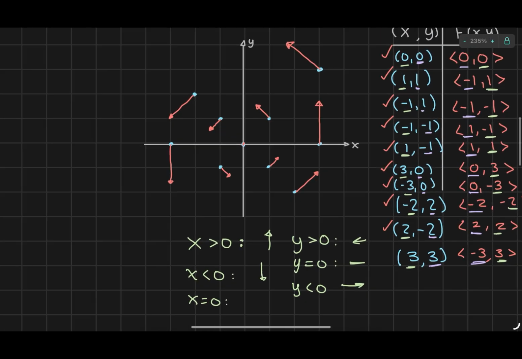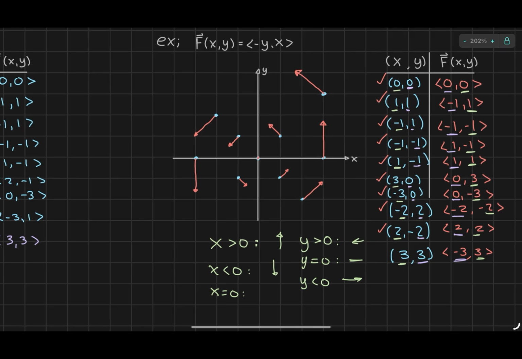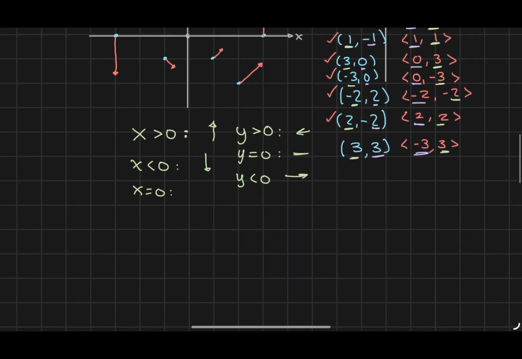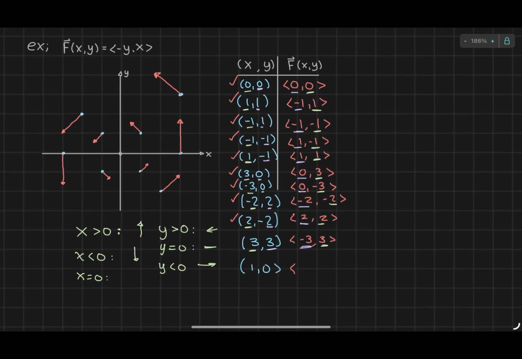If x is equal to 0, then I actually didn't do any of those, huh? Well, let's do one real quick. We'll do 1, 0. That is going to correlate to, what's our vector field here?